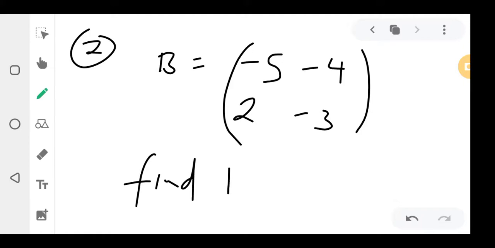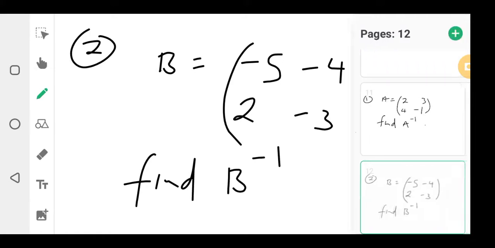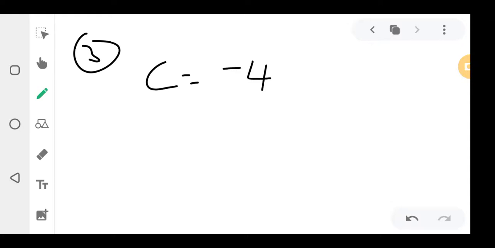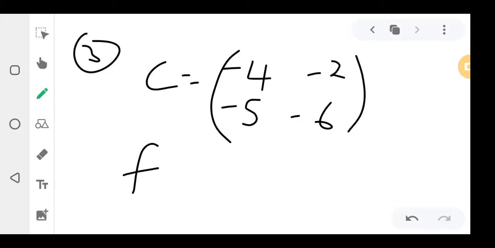Find B inverse. Question 3, C is equal to negative 4, negative 6, negative 5, negative 2. Find C inverse.